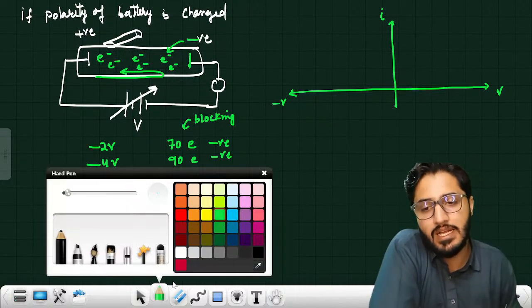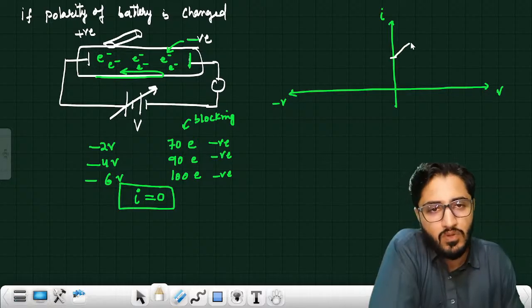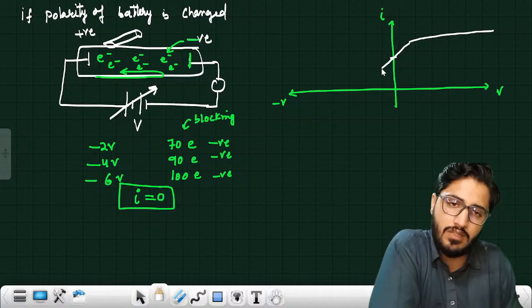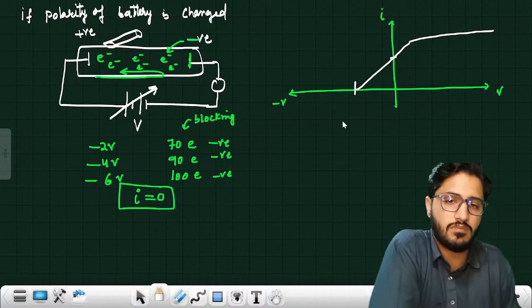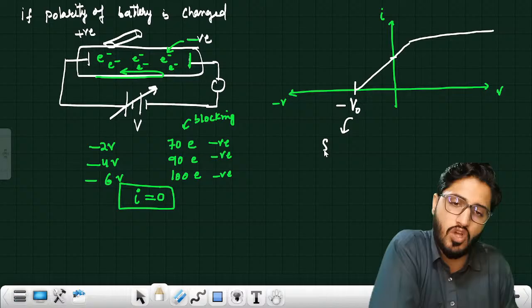So I will make the graph once again now. Look here. This is my positive potential. Now I increase my negative one. The graph looks like this. And this particular point is known as V naught, minus V naught, and its specific name is stopping potential.